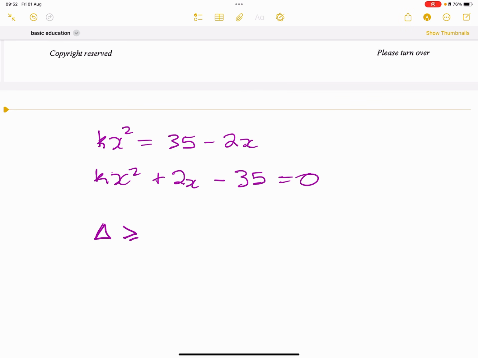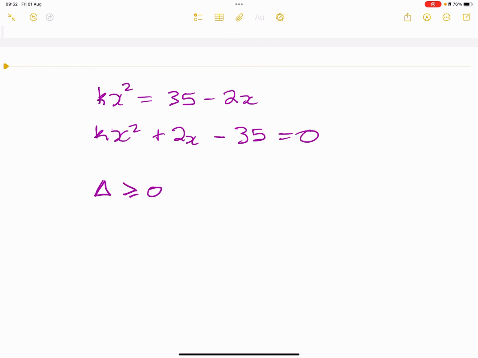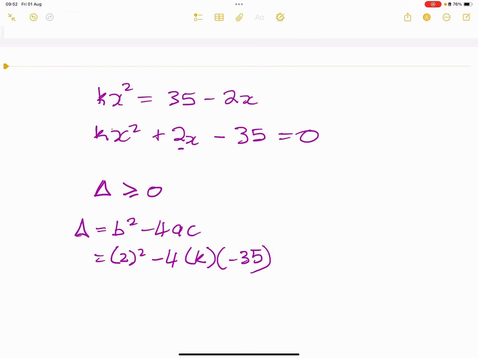So what is our delta value? Delta is b squared minus 4ac. Our b value is 2 squared, minus 4 times our a value, which is k, and our c value is negative 35. So all of this must be greater or equal to 0.